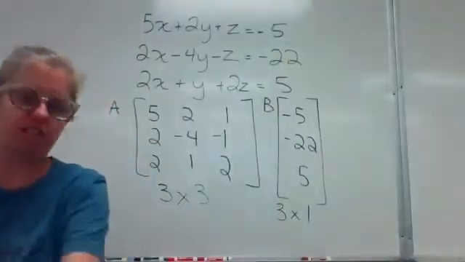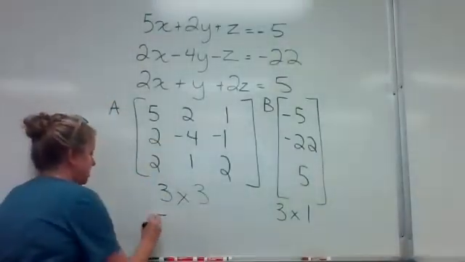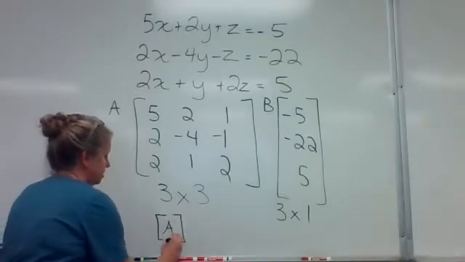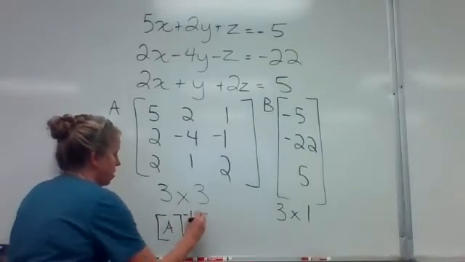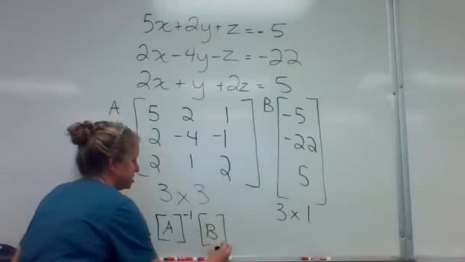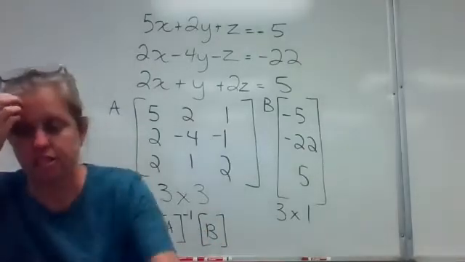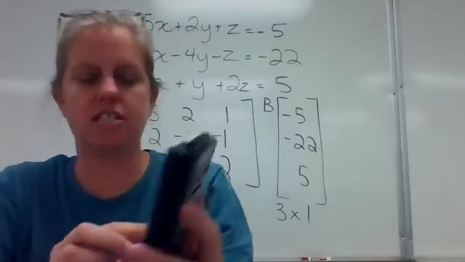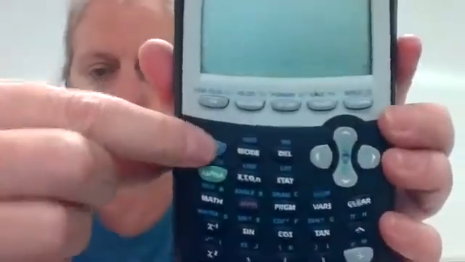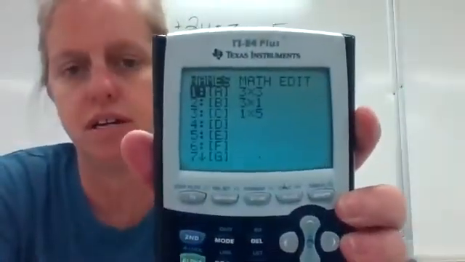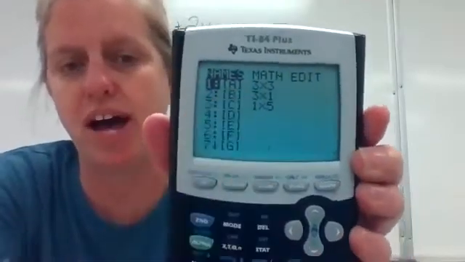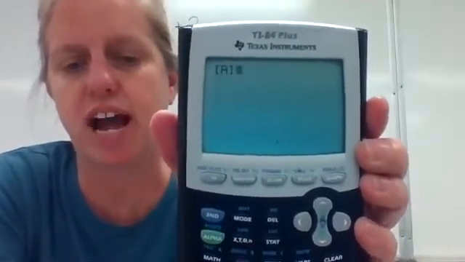Now, how we solved this is we did matrix A to the -1, matrix B is what solves the equations. So second matrix, matrix A. So go ahead and hit enter to use the A that you created.